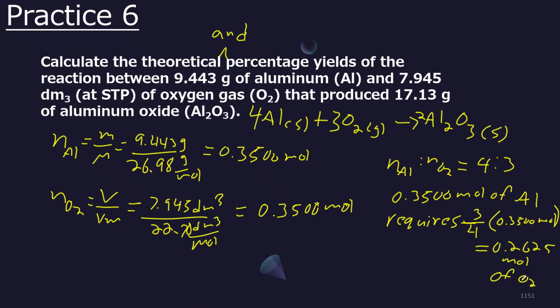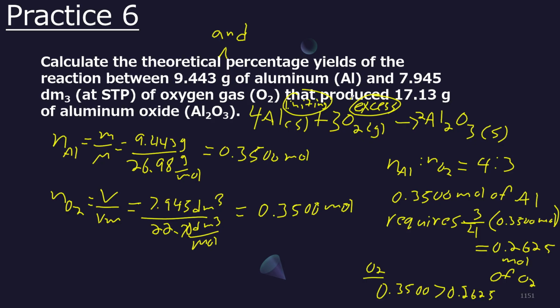Do we have that much O2? Yes, we've got more than enough. So 0.3500 is greater than 0.2625. Considering O2 here, we can say that O2 is in excess and aluminum is limiting. So we'll base everything else on aluminum from now on.